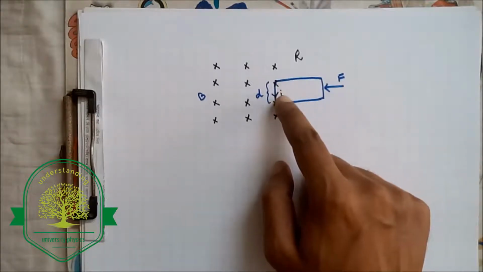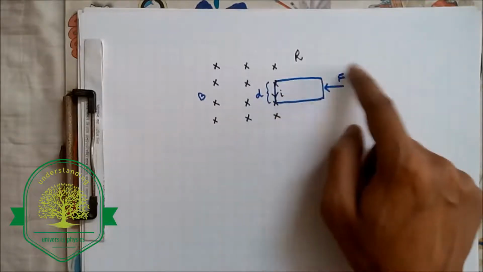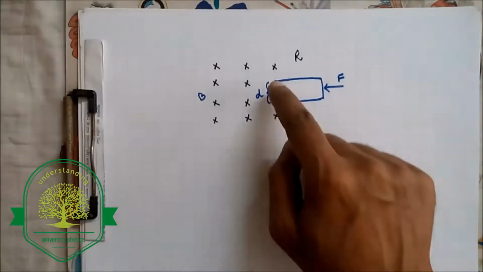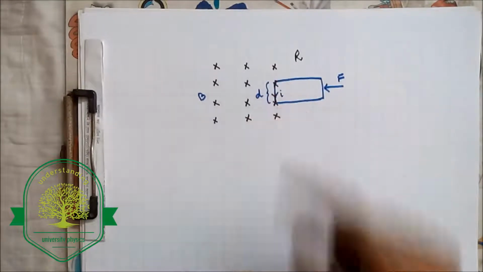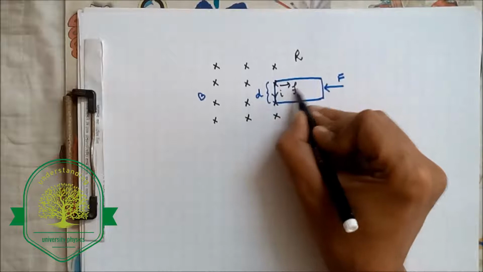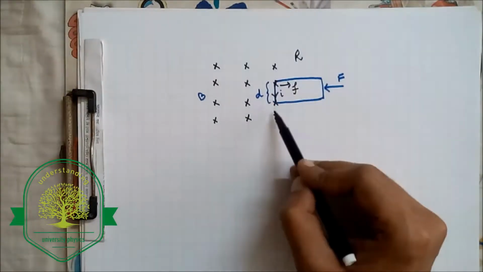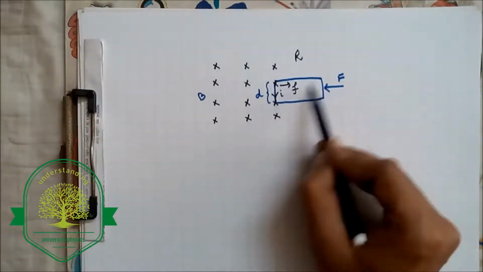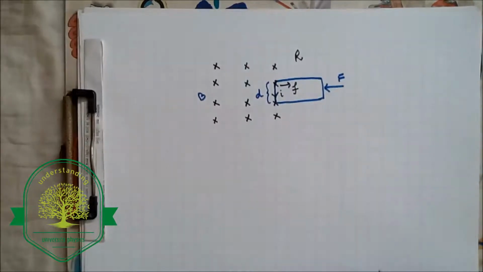The induced current will flow in such a direction so as to oppose its original cause, the cause being this constant force, and therefore the current will flow in the downward direction so as to create another force, let's call that small f, on this arm. The forces on these two arms will actually cancel each other out.